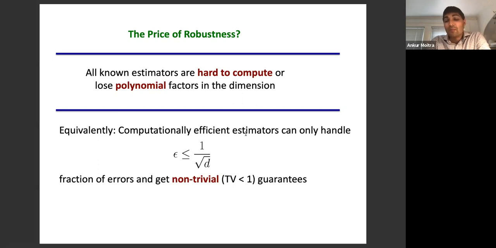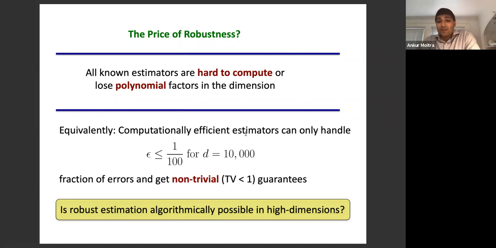Even though we know in principle it ought to be possible to get estimators that can tolerate a universal constant fraction of errors that's completely independent of the dimension. Just to be concrete, even if I had no hidden constants in these guarantees, for simple 10,000 dimensional problems, which aren't even that big dimensional to be perfectly honest, that means we can only tolerate some tiny, minuscule 1% of corruptions.